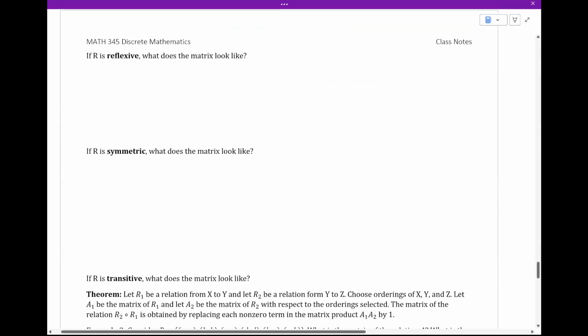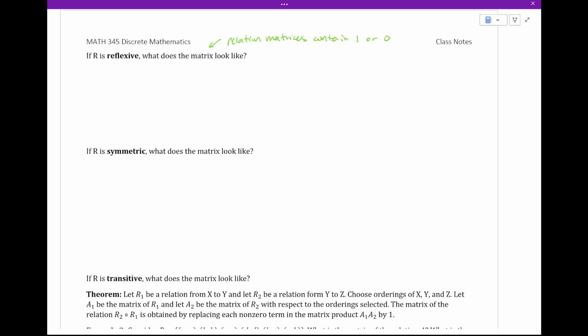Let's take a look at our properties, reflexive, symmetric, and transitive, and how those look with matrices. So relation matrices contain ones and zeros. The matrices contain 1 or 0 as all of their entries.